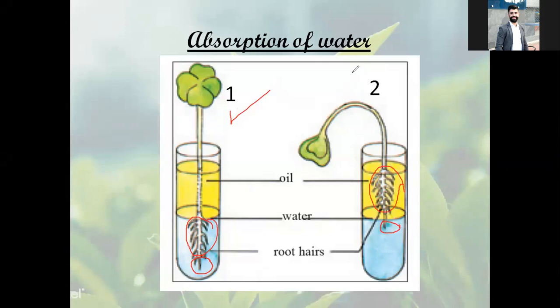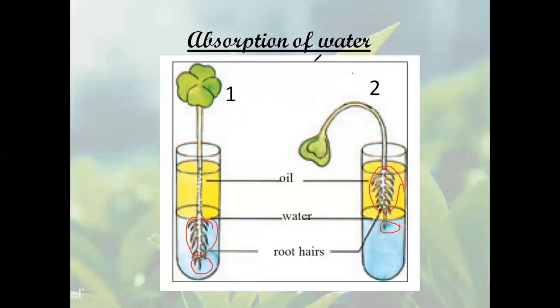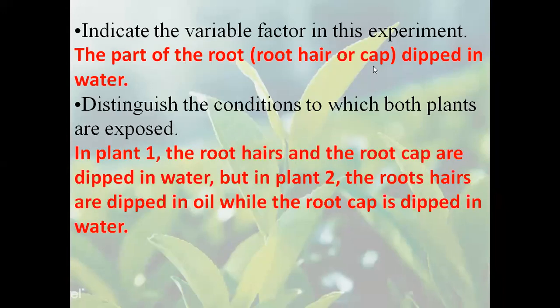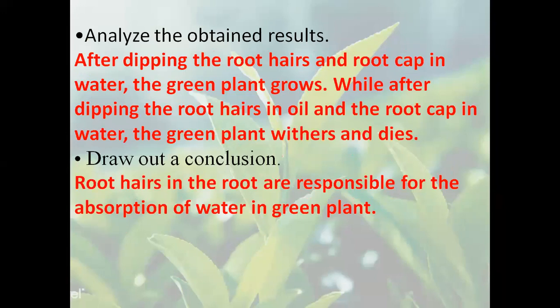The plant withers and dies. So here we can conclude that the plant absorbs the water through the root hairs and not the root cap. So the root hairs are the structure responsible for absorption of water.